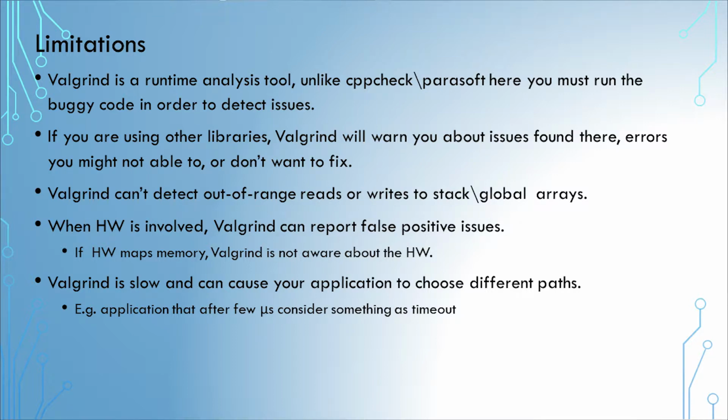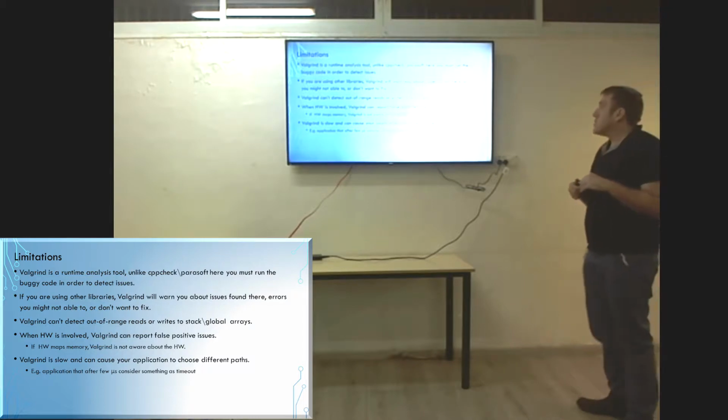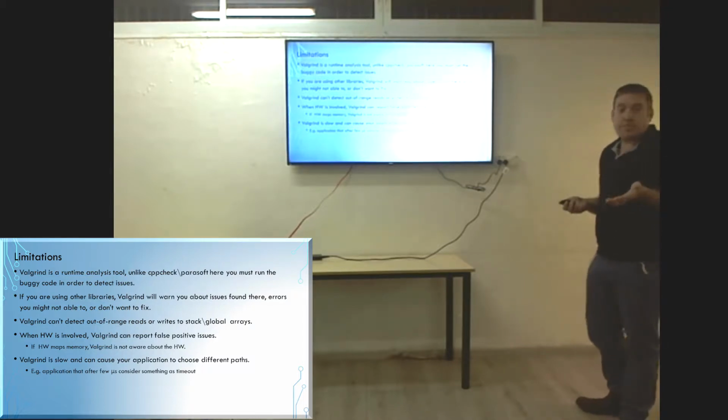So what other problems or limitations are there? If you're using other libraries, Valgrind will also warn us about issues found there that we don't really care about, or we care but can't do anything about.